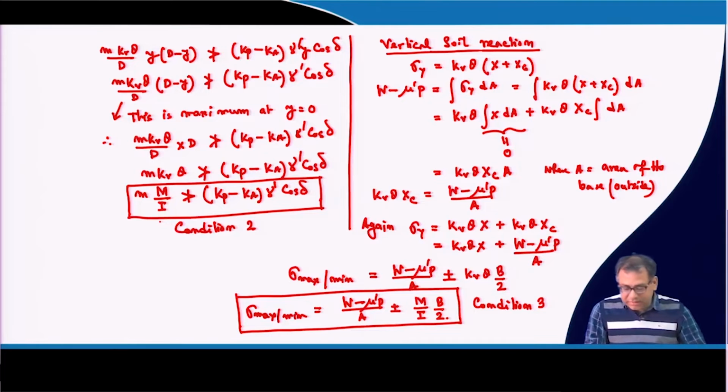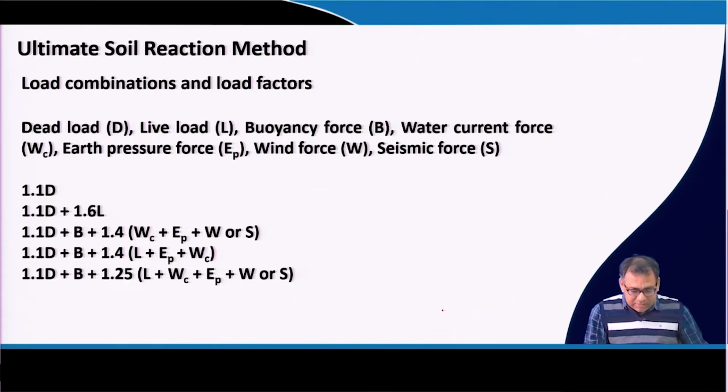So, the next method that I will discuss is the ultimate soil reaction method. The ultimate soil reaction method is another method by which we can check the stability of the well. As per this method, the load combinations and the load factors recommended are as follows.